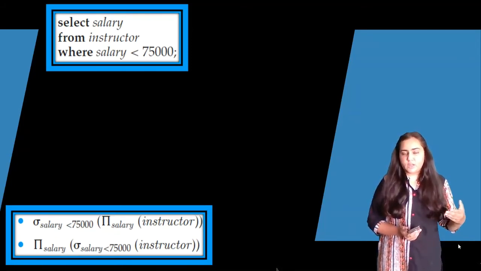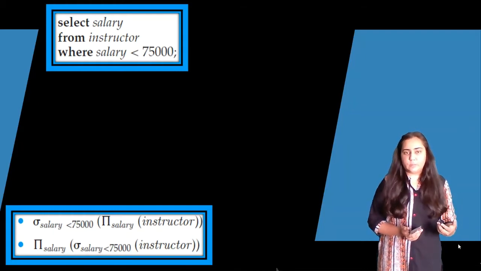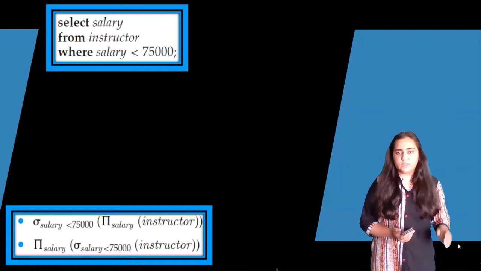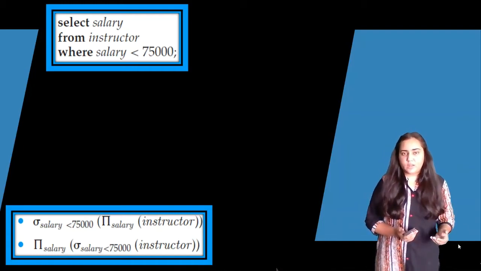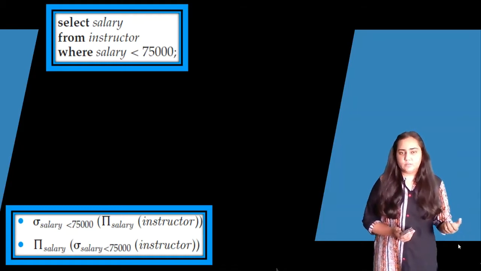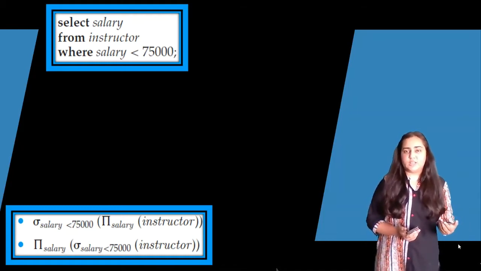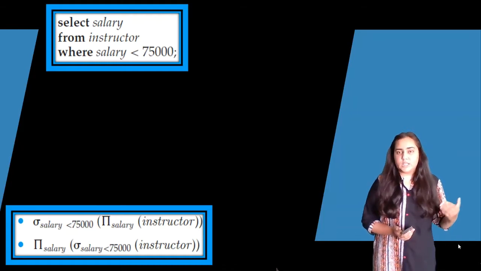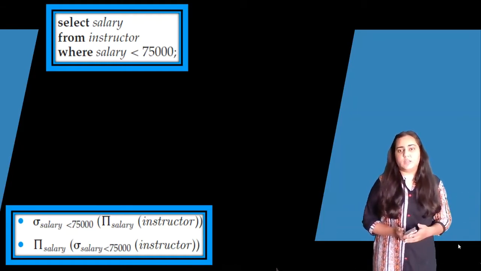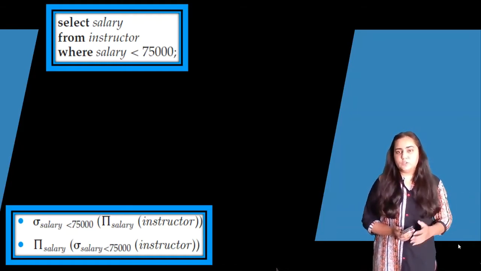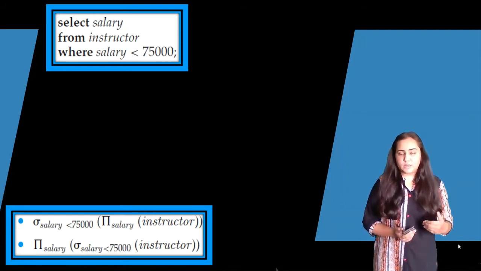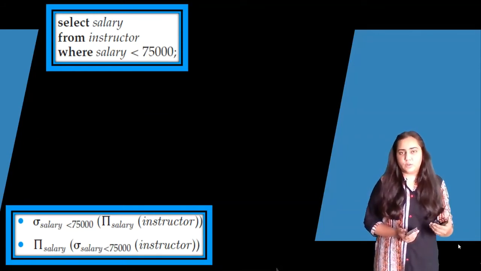In the first query, after extracting the salary column, there's a condition that says salary less than 75,000. So this condition will apply and take out all the salaries which are less than 75,000. And in the second query, after getting all the rows containing salaries which are less than 75,000, the column salary is extracted. So these are the two different ways in which I can create a relational algebra query.